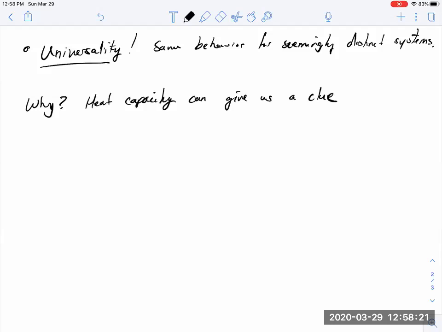If one was to measure the heat capacity, say per particle, as a function of temperature for either of those systems, what is observed is that while the heat capacity starts at low temperature at some finite value, as I approach the critical temperature, that heat capacity increases dramatically.